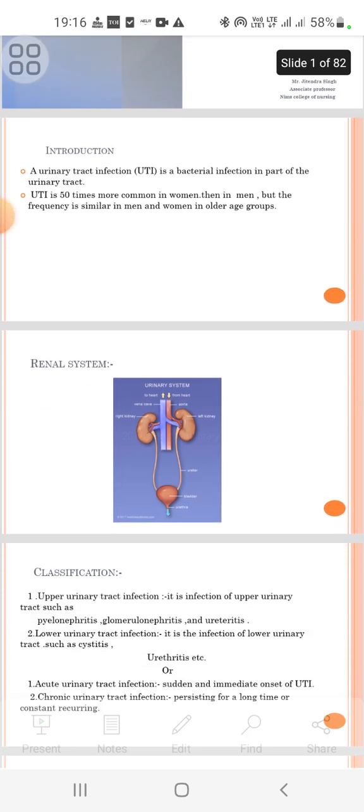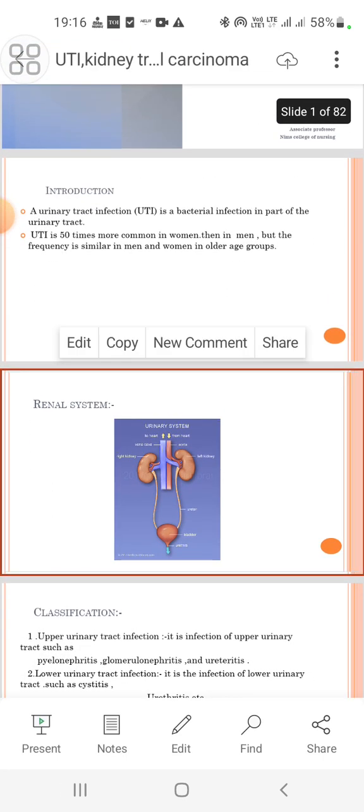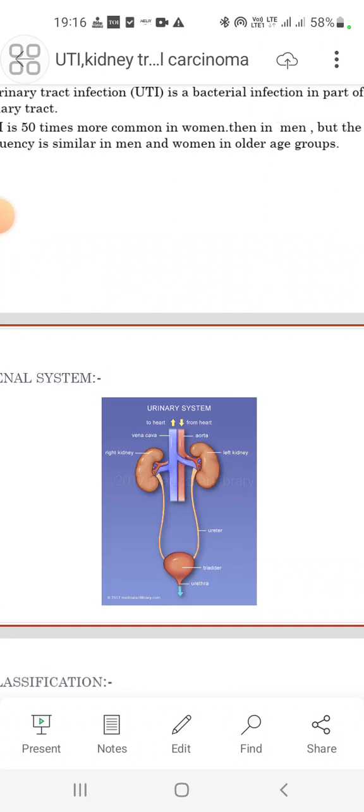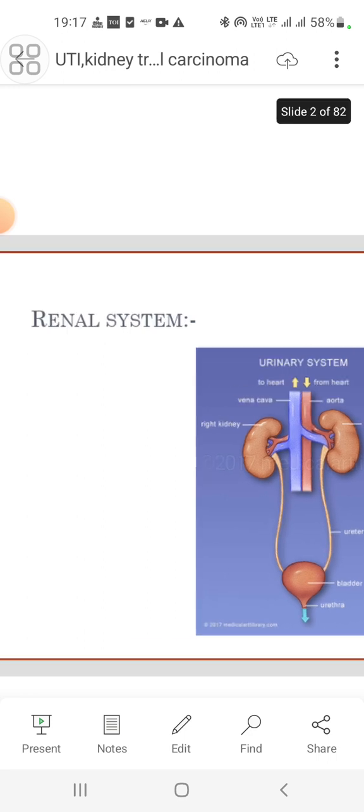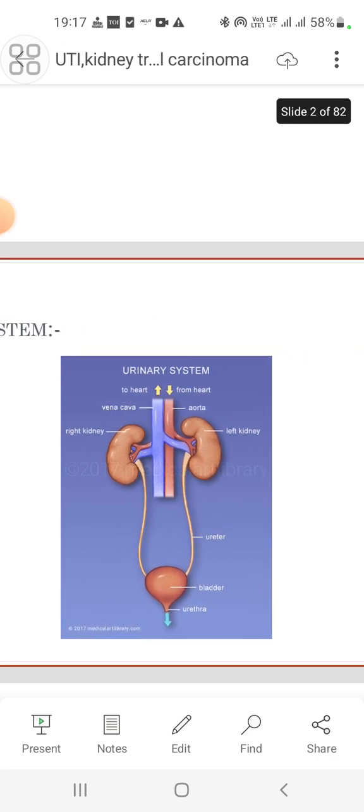We have the diagram in the slide here, so we will see this diagram and which organs are connected with this renal system. Before having a glance at it, we will try to know what work the renal system does in the body. The renal system has an excretory function.